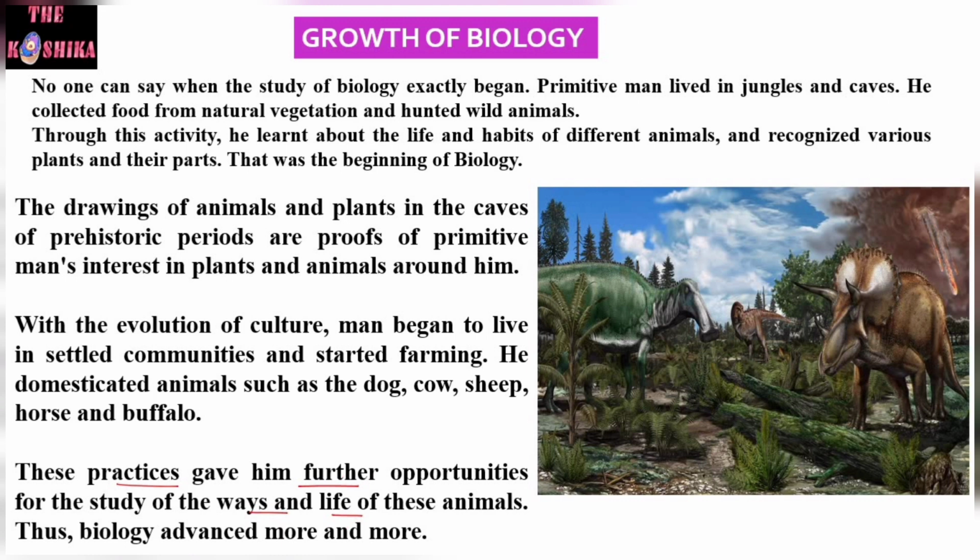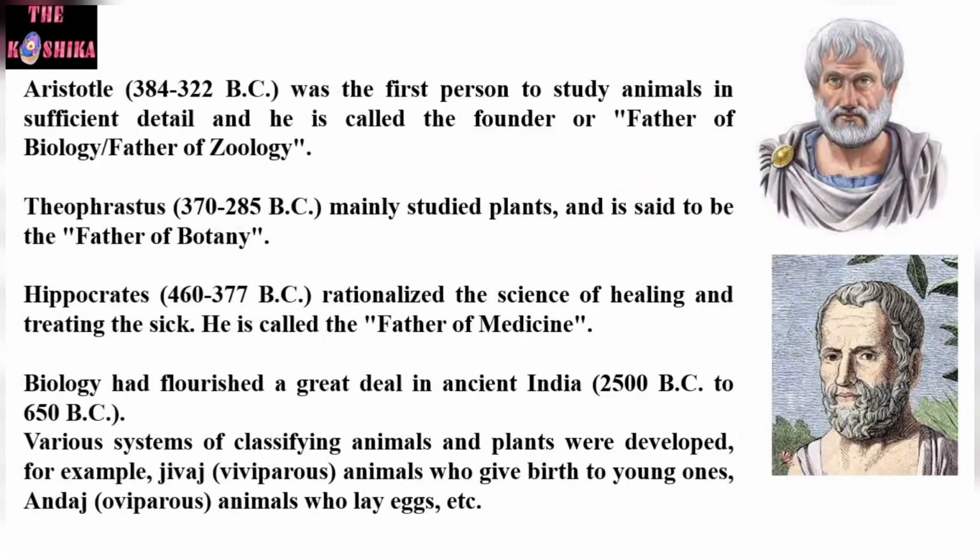With the advancement of time, biology also advanced, and so many branches of biology evolved in due course of time. But we are not going to discuss the branches of biology. We will study that in the next part. Here only the discussion takes place.